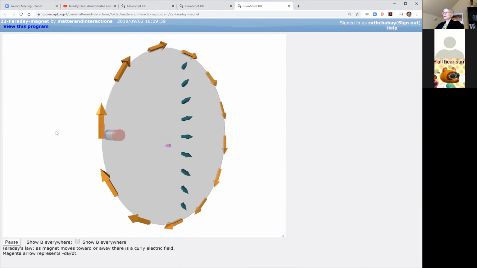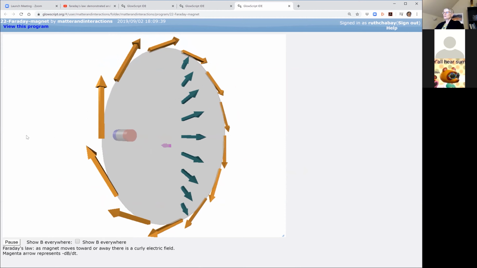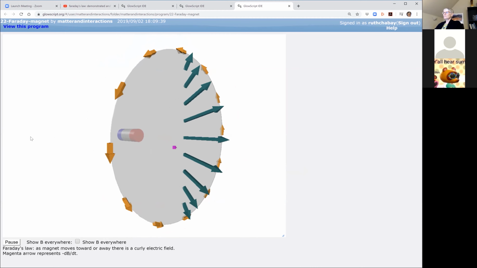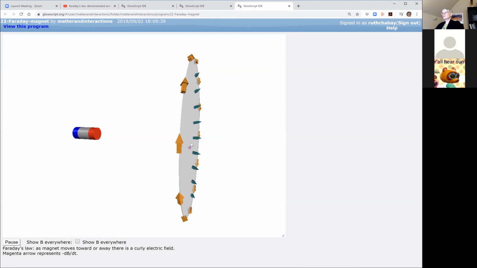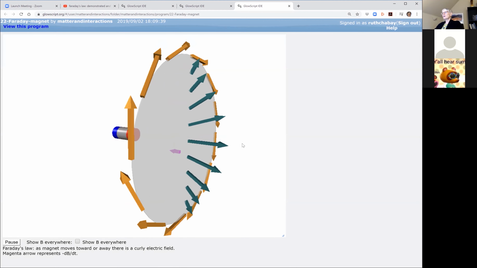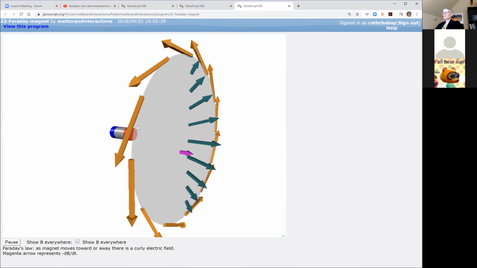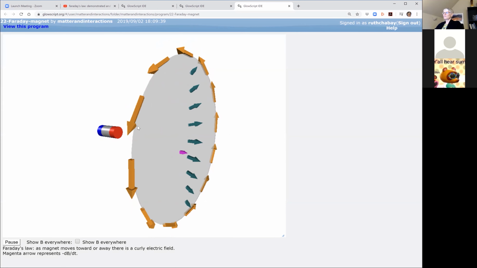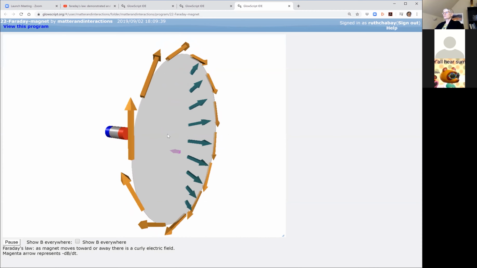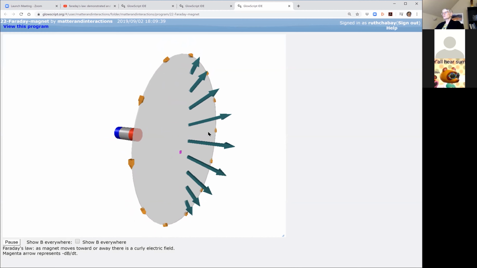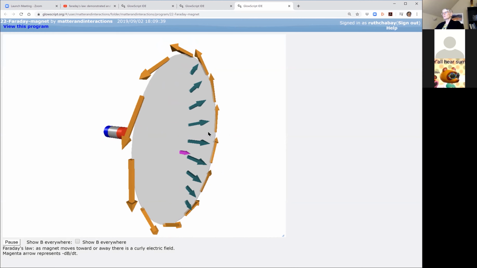And we can see that as the magnet moves, the magnetic flux through this surface changes. On the edge of our loop, there's an electric field that changes in magnitude and direction, depending on the direction of change of the magnetic field of the magnet.